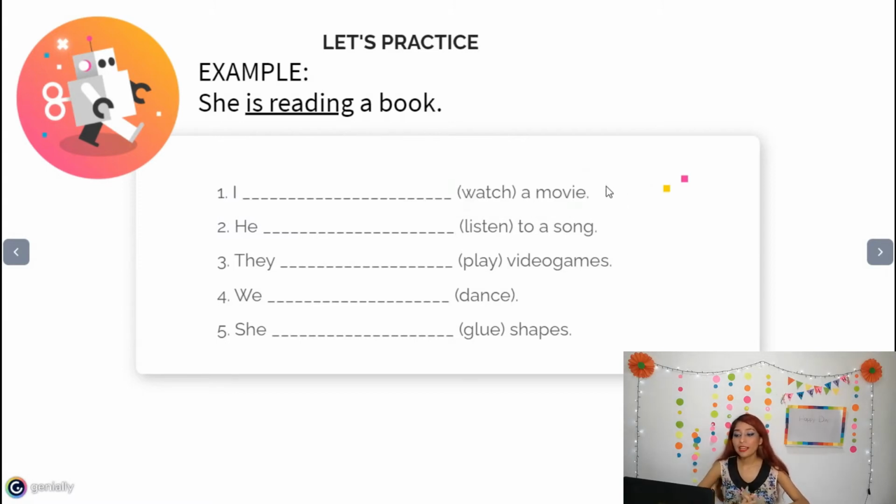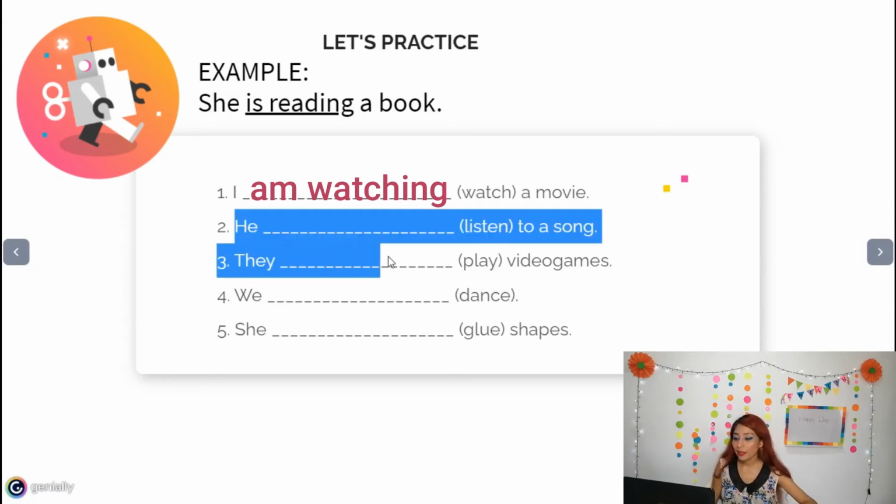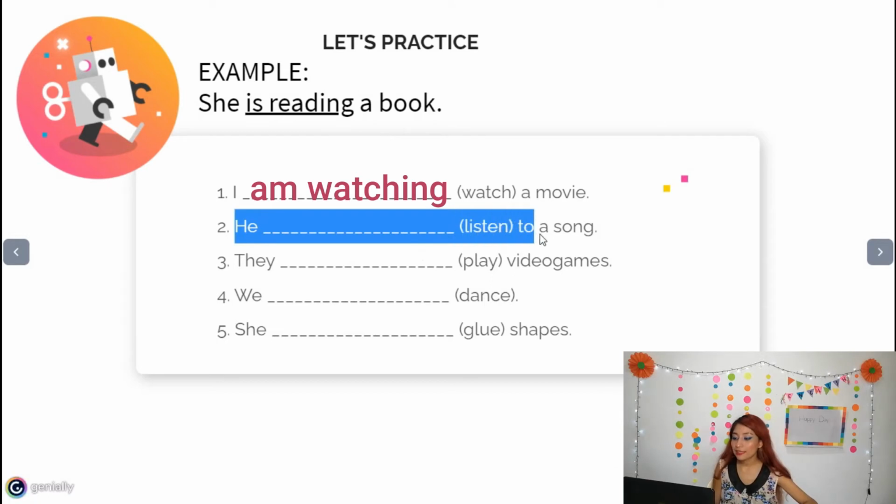Okay, so the correct answer is I am watching a movie. Why? Because you know that the personal pronoun I is always used with I am. And the verb is super simple. You just need to add ing. Okay? Number 2. He, blank, listen, between parentheses, that's the verb, to a song. What's the correct answer that completes this sentence?